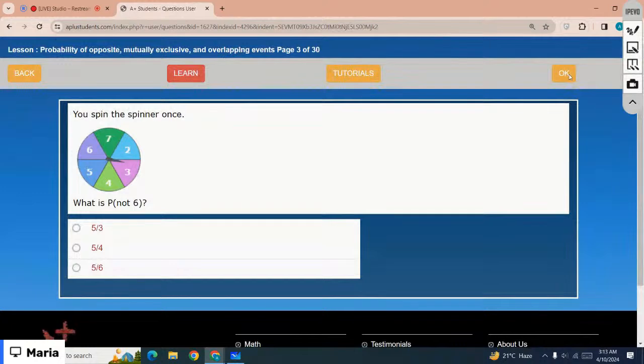Which is the correct option? The correct option is 5 over 6. It is very good.